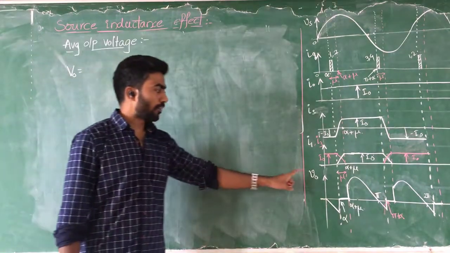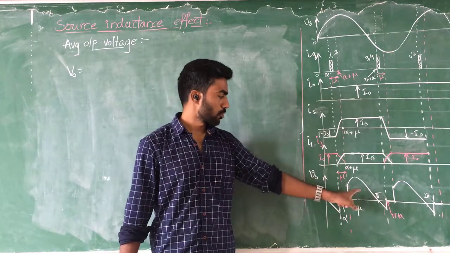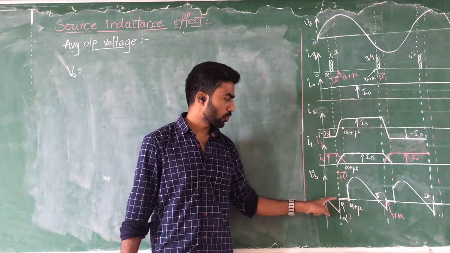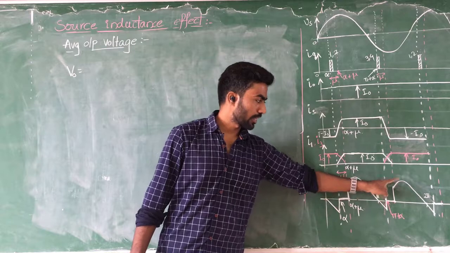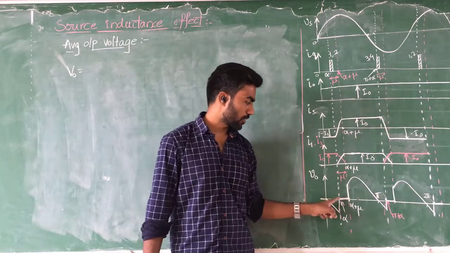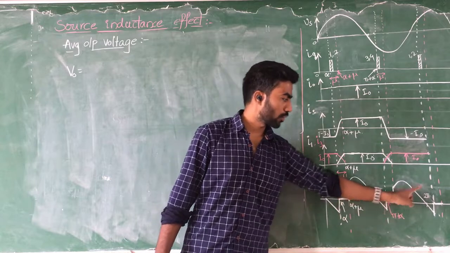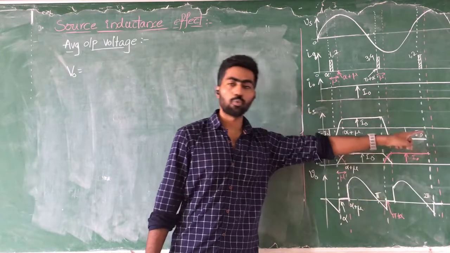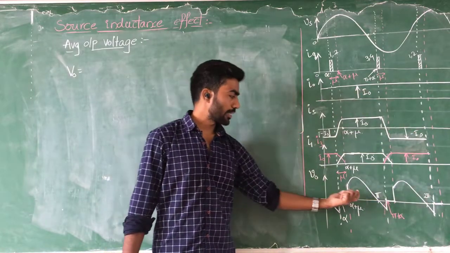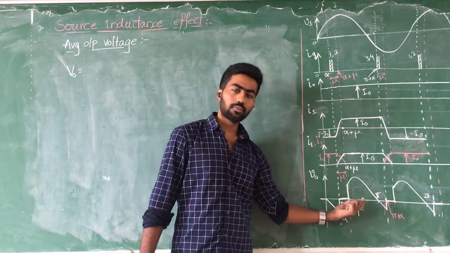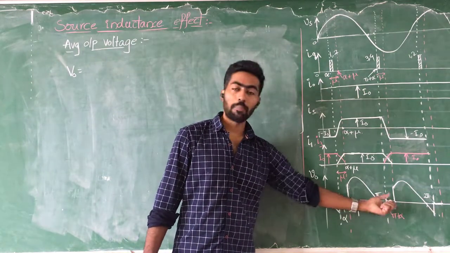Let us get the average output voltage for this waveform. In this waveform, these are the different cycles. The first cycle starts from alpha to pi plus alpha, the second cycle is from pi plus alpha to 2 pi plus alpha, and the third is from 2 pi plus alpha to 3 pi plus alpha. So let us take the interval from alpha to pi plus alpha.